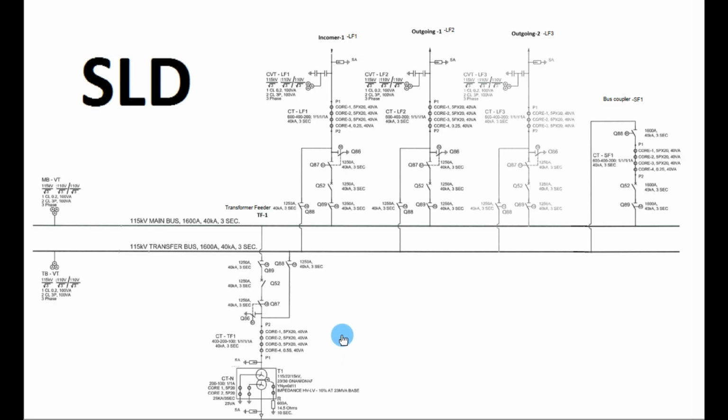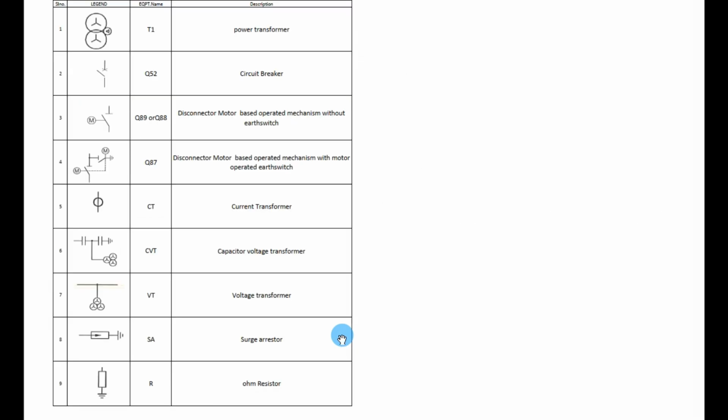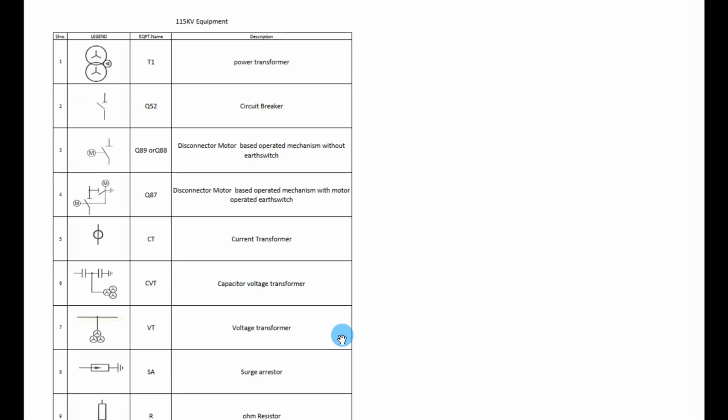They may be given on the second or third page, in front of or behind the schematic diagram. First we have to study all of these, and only then go to the schematic diagram for a clear view. For this, first we will see the abbreviations of this SLD.